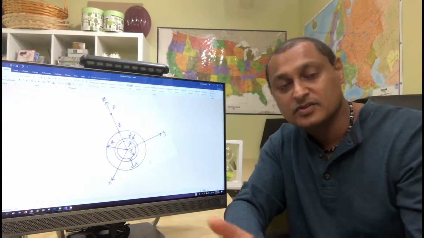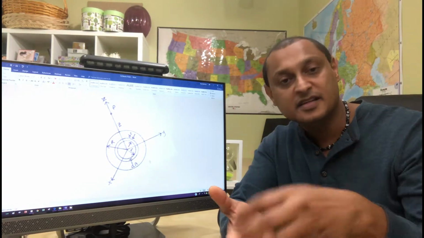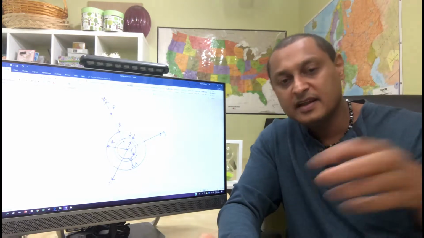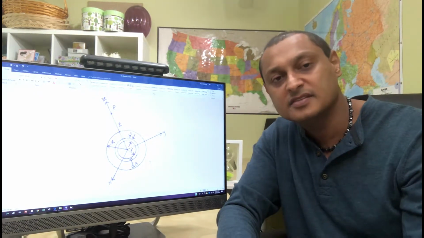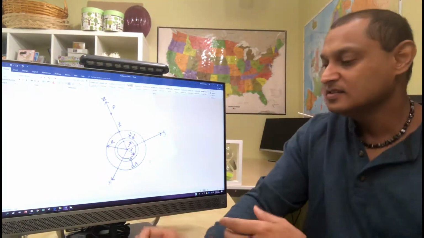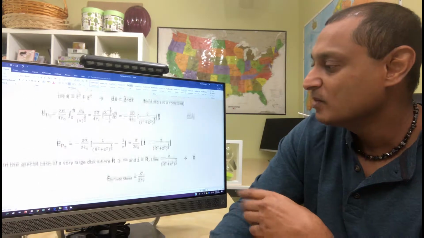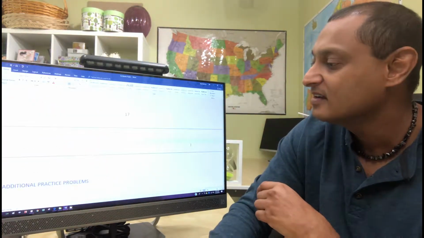Which is very realistic. You can have static electricity building up on a DVD or a disc, or a music CD. How do you find what the electric field is due to the static electricity, the charges that are built up? So this is exactly what this problem was all about. And I've shown the reader how to go about doing the calculations to find the electric field due to a surface area.